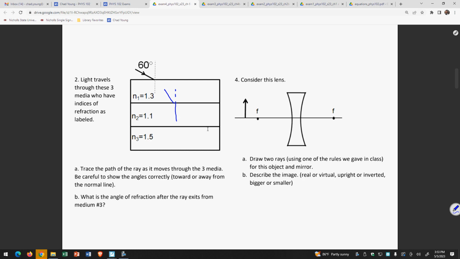That would be this angle, yeah. And this would be this, and I'll call this theta 2, this theta 1. In fact, these two angles, this is also theta 1. Those two angles are equal to one another.